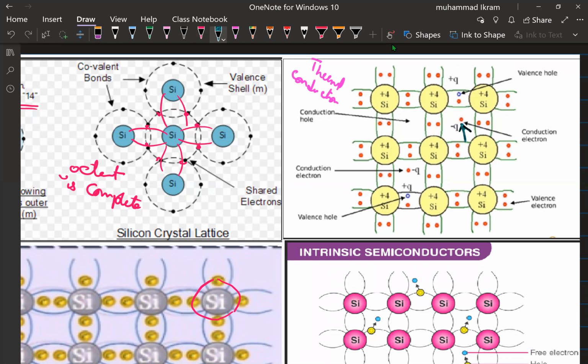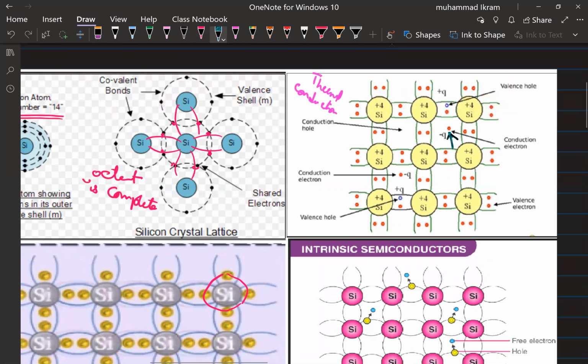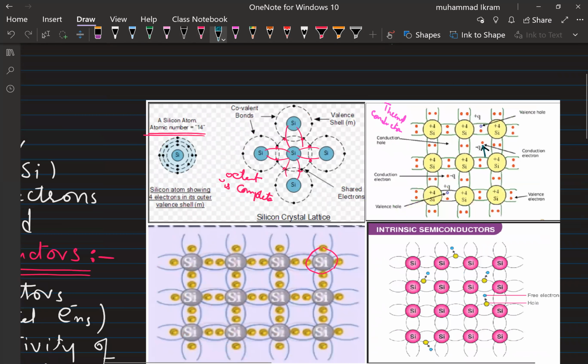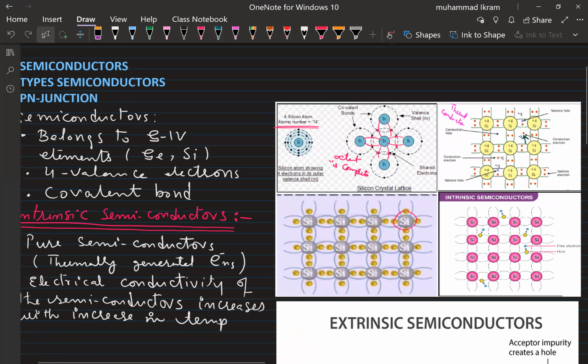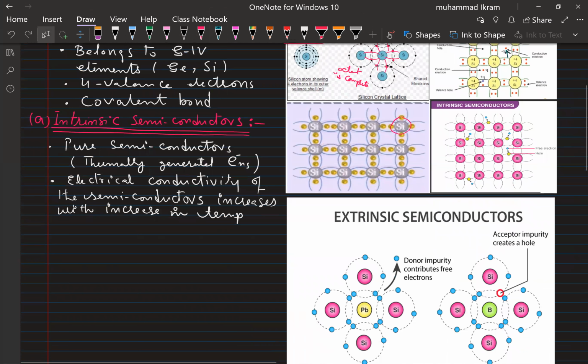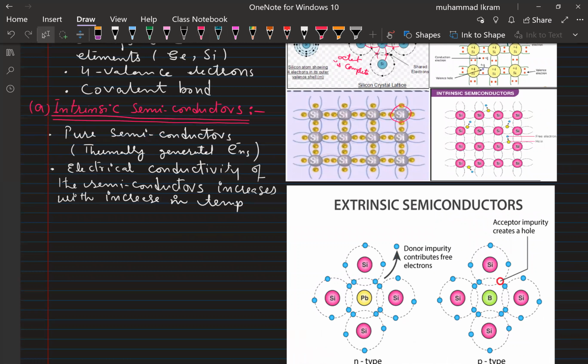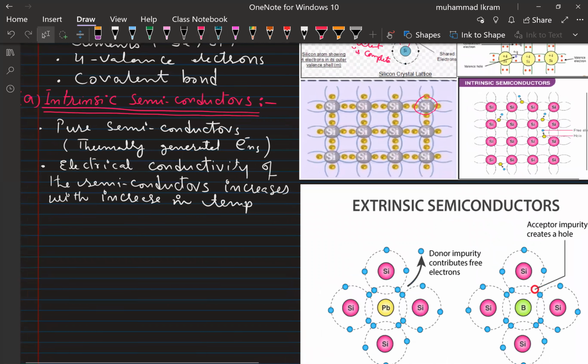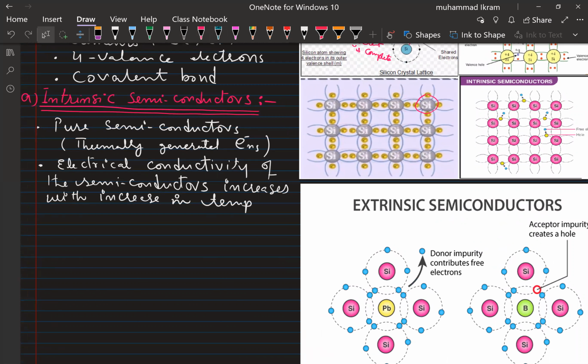Clear? This is one of the ways in which we can increase the electrical conductivity of semiconductor substances. If you remember, when I was teaching you the coefficient of electrical conductivity, I told you that such materials have a negative temperature coefficient: an increase in temperature does not increase resistance, rather it decreases the resistance, and current is generated.